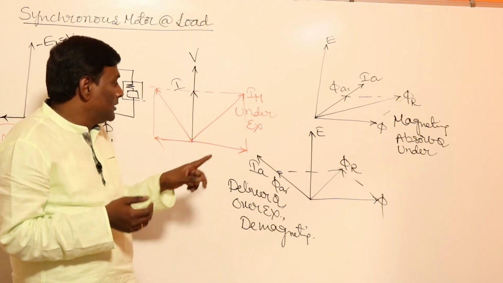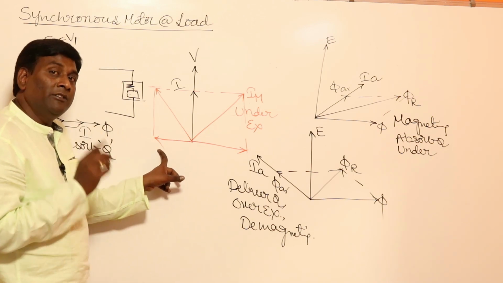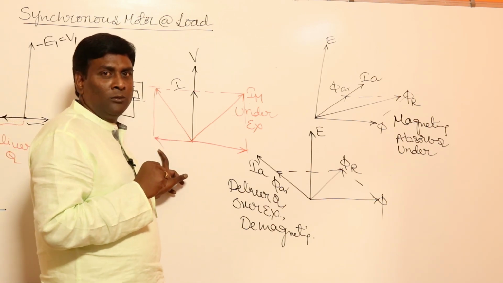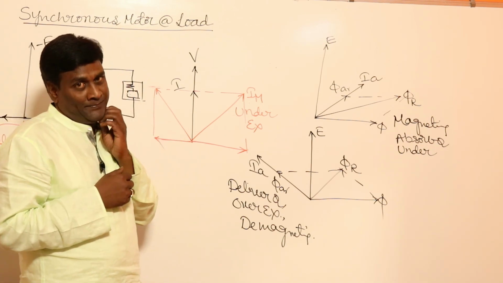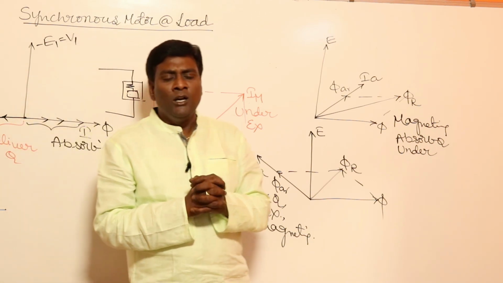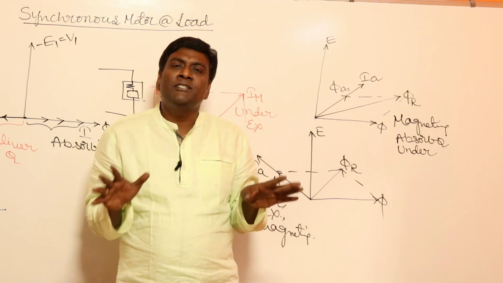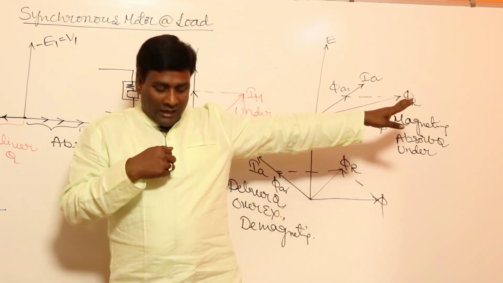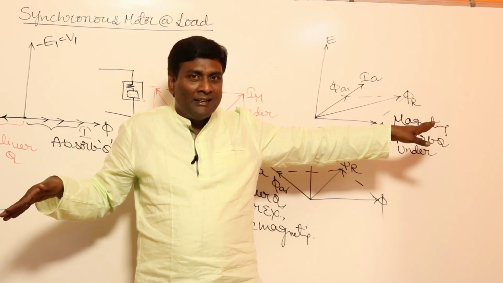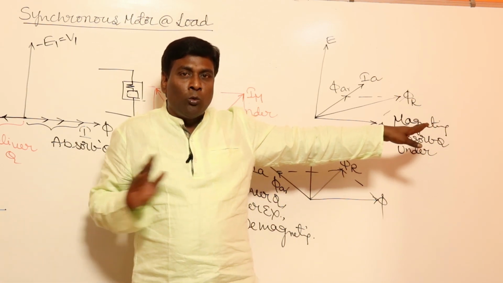An overexcited motor will take leading currents, so an overexcited motor delivers reactive power. Now, if I combine generator and motor, an overexcited synchronous machine: for the alternator, lagging, demagnetization, overexcited.